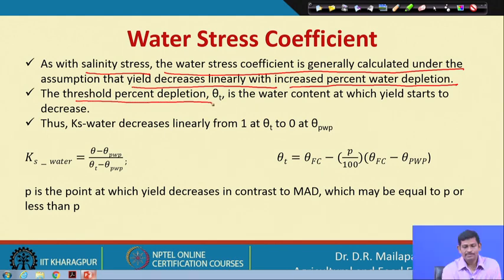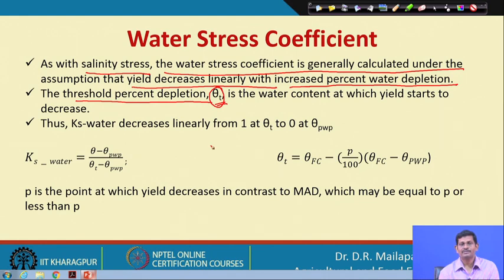The threshold percentage of depletion theta t is similar to the salt threshold: up to a certain water content the crop does not show any yield reduction, but beyond that threshold level it shows a reduction in yield.